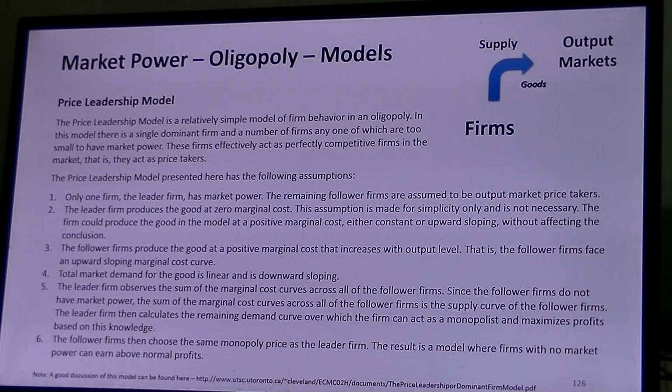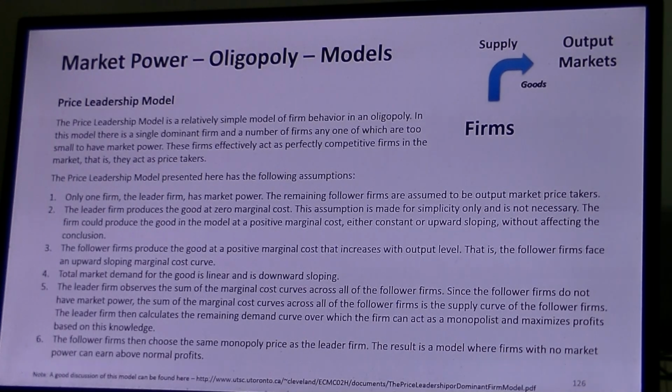The total market demand for the good is linear and is downward sloping. But it's downward sloping for the total market, but it's not downward sloping for the follower firms.